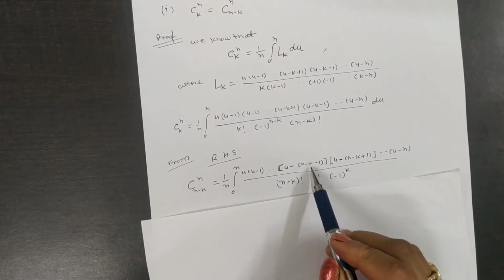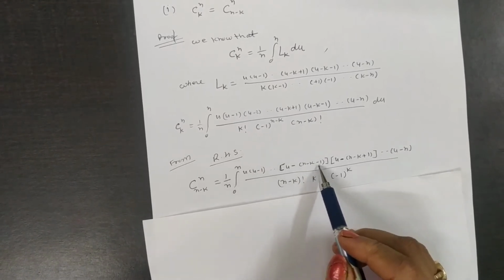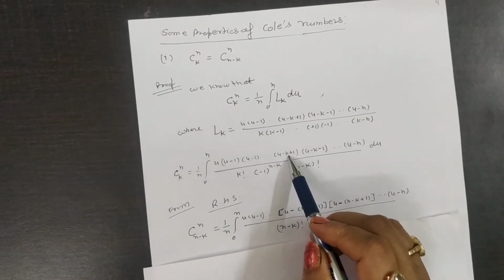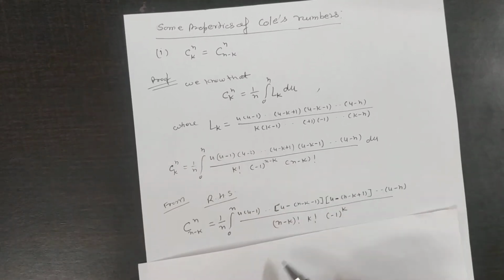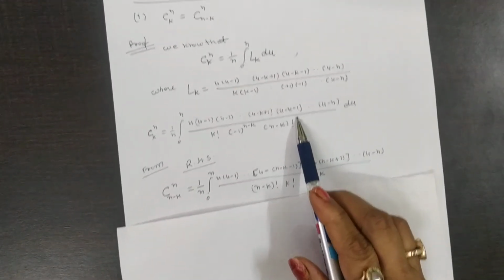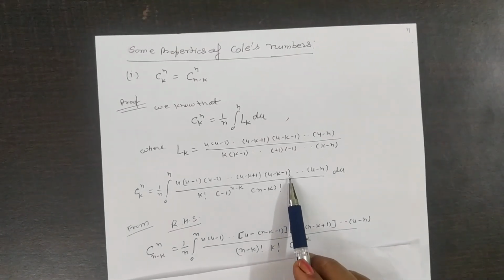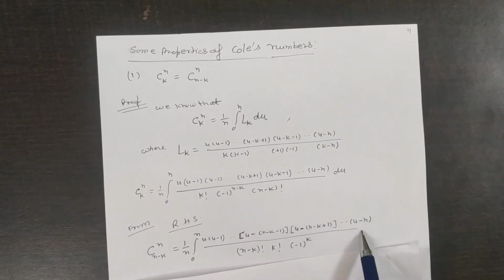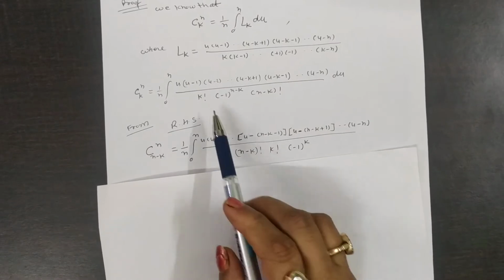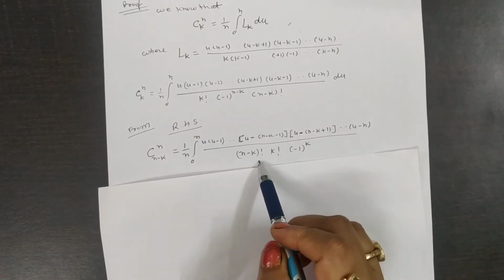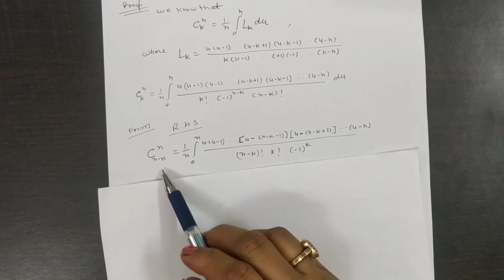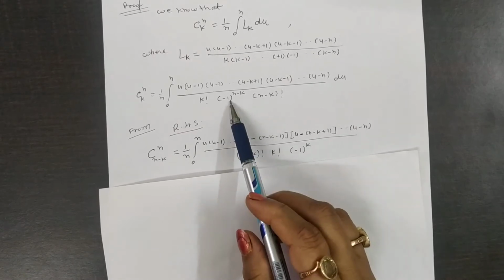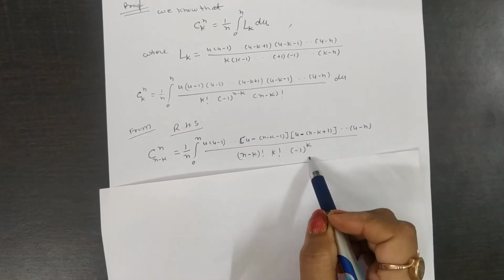Opening this term, in place of k you have substituted n-k. Similarly this term is u minus (n-k) plus 1, and here in place of k factorial it becomes factorial (n-k), and this becomes factorial k.